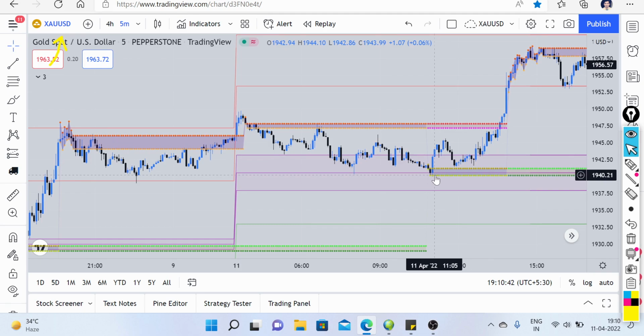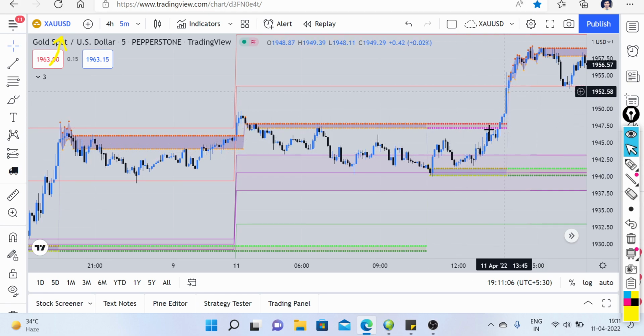So how can we get better confirmation before entering this trade? After this support and a retest at this level, we have seen a good upside move from gold.